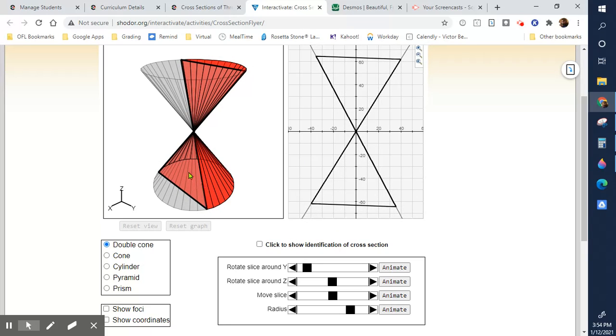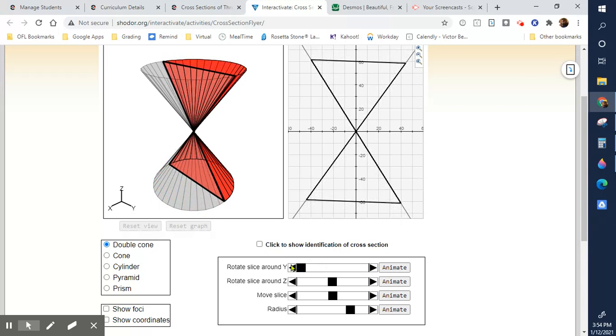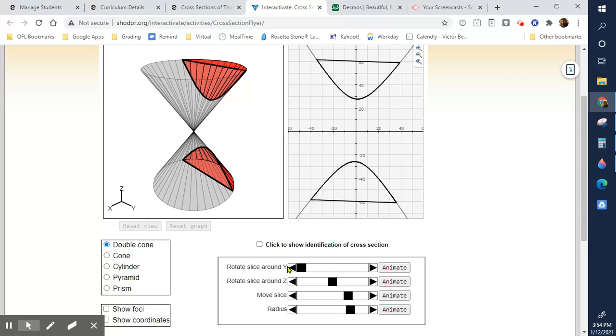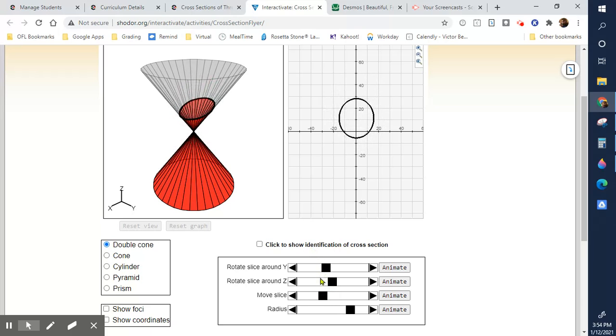So let me move this around a little bit. Going up. Yeah, I'm still getting a dot here. So the angle is there. It's just, oh, I can't pass through the base. So let me see if I can move that slice.